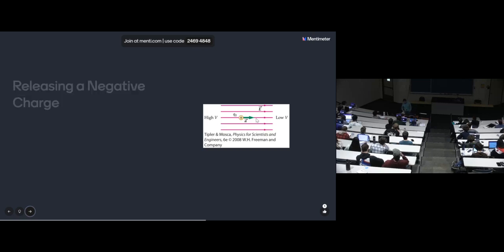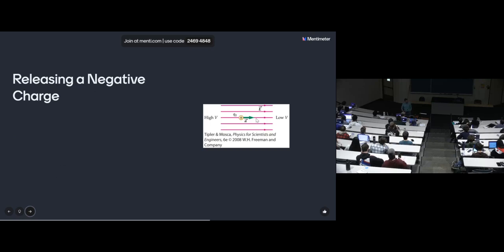Correspondingly, if I release a negative charge in this region, so imagine at the mouse now, instead of a positive charge, that's a negative charge. Well, it's going to want to move to the left.